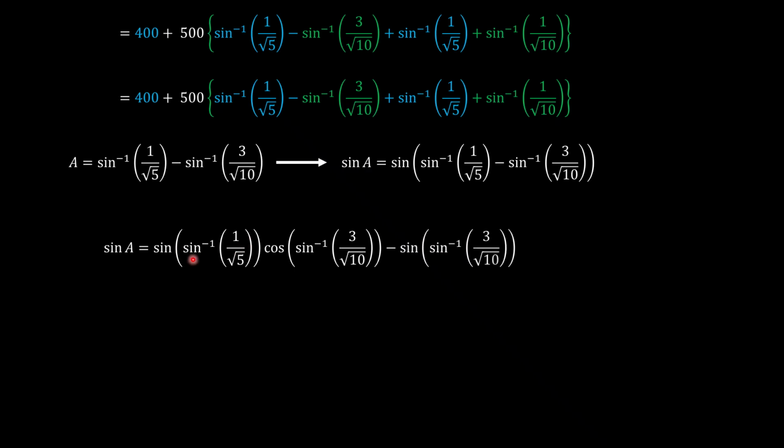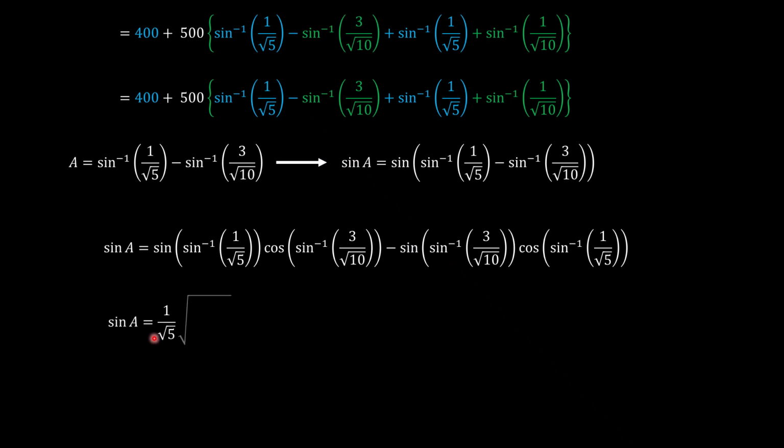And so sine of arc sine, this just remains 1 over root 5. Cosine, since cosine is the same as square root of 1 minus sine squared, that means that we're going to have a square root of 1 minus 3 over root 10 squared, which is 9 over 10. And so that's what we're going.